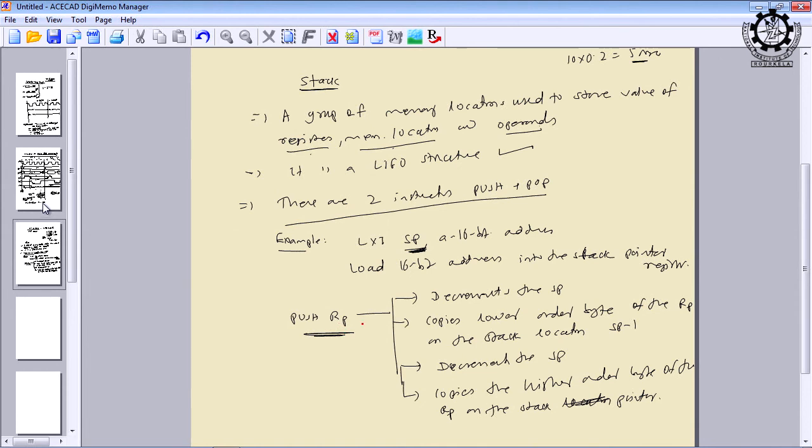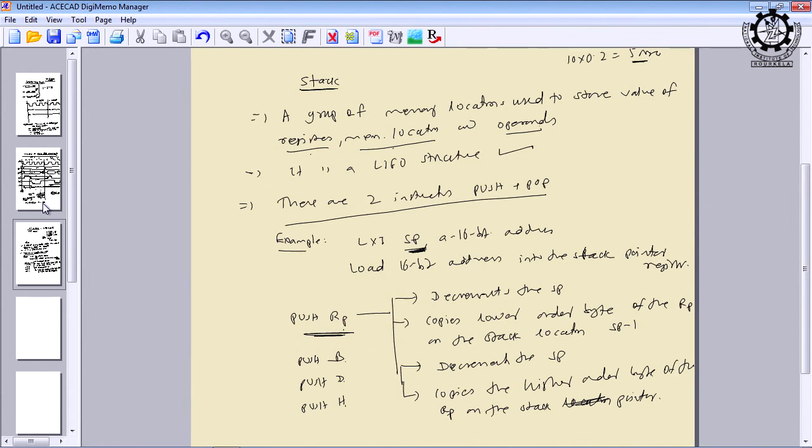In the place of RP, we can write push B, B means BC, or push D, or push H. RP is just a convention; in its place we can write B, D, H.